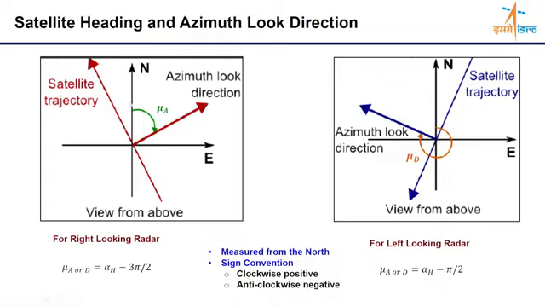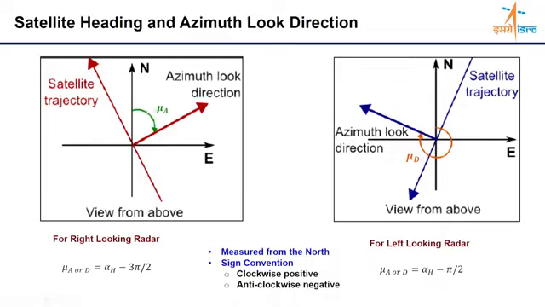So in ascending pass, this angle is called basically satellite heading. So you can see the angle between the satellite trajectory with the north side is called the satellite heading, means this angle is called the satellite heading. And the angle between the look direction, azimuth look direction from the north direction, this angle is called azimuth look angle.